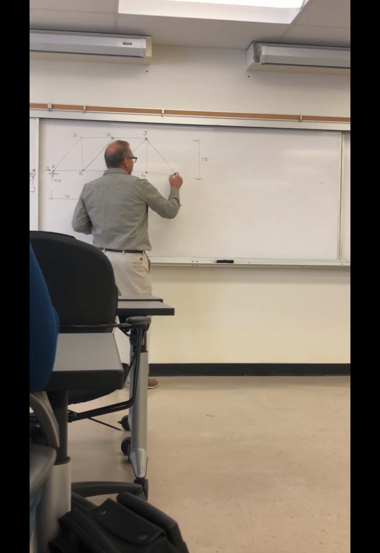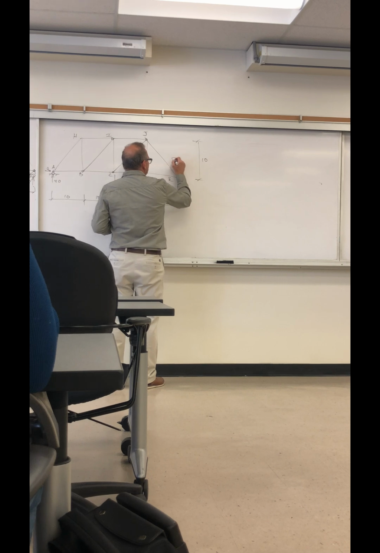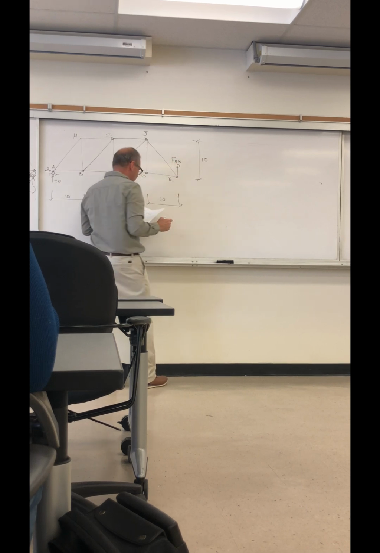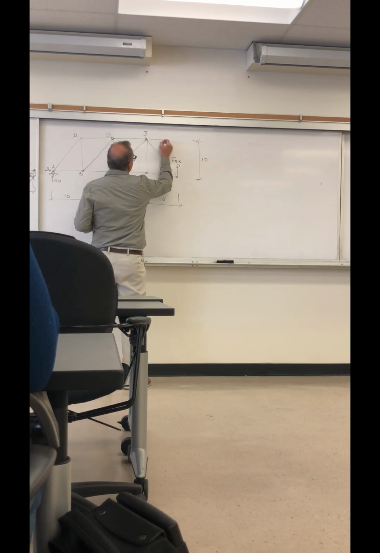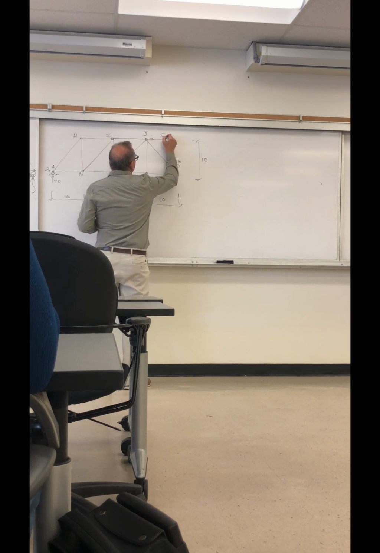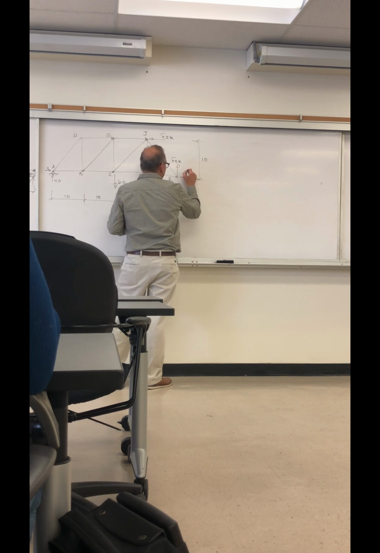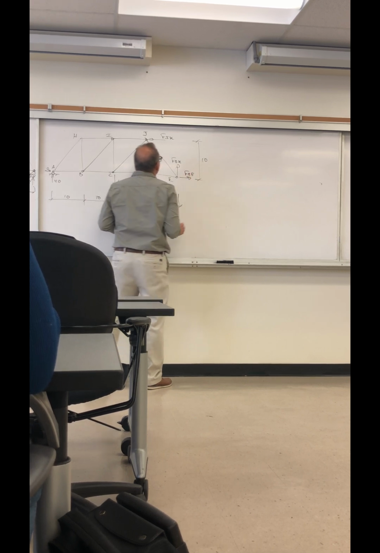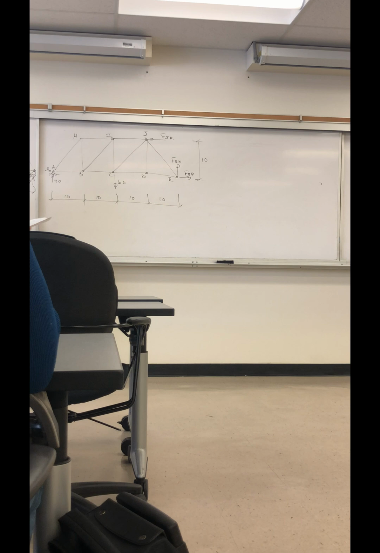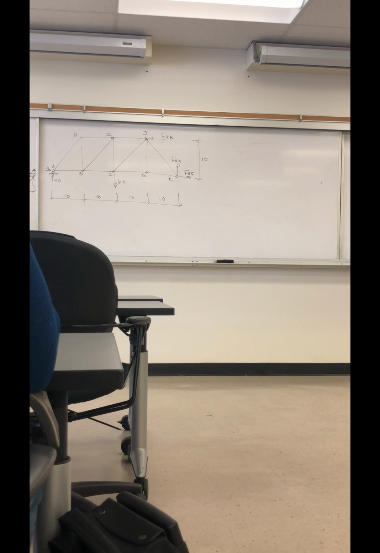We have F of EK here, an unknown force that we cut through, F of JK, and F of EF. So we're going just a differential distance past J, E, so we're cutting through JK.